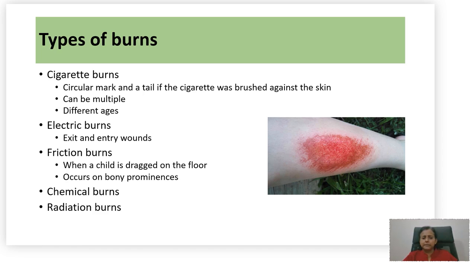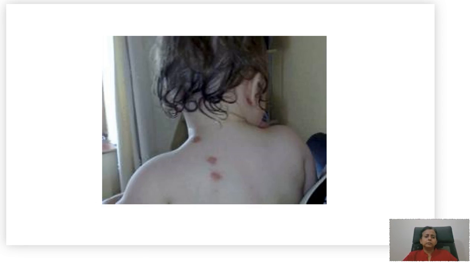There can be chemical or radiation burns seen as physical abuse. So this is another, you can see the cigarette burn, and if it occurs in a nice circumscribed manner and on the back, so obviously you need to think of abuse.